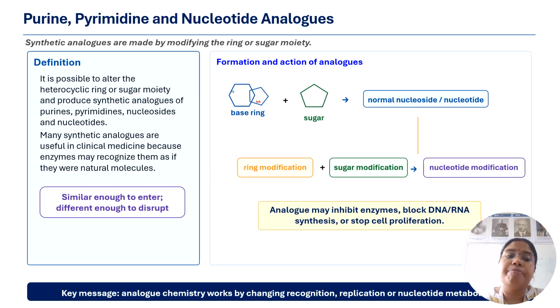And the purine, pyrimidines and some nucleotide analogs are nowadays very common in modern medicine technology, because synthetic analogs are made by modifying the rings or the sugar moiety. Actually it is possible to modify either the ring or the sugar molecules to get the nucleotide modification, and the modified nucleotide is sometimes helpful to inhibit enzymes, block DNA and RNA synthesis or stop cell proliferation.